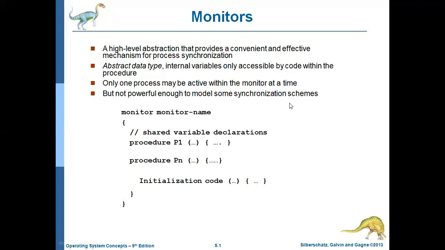Those shared variables are given only in procedure P1. We cannot access those variables in another procedure. Is it clear? Some shared variables are given in the procedure P1, and those variables cannot be accessed by any other procedure.